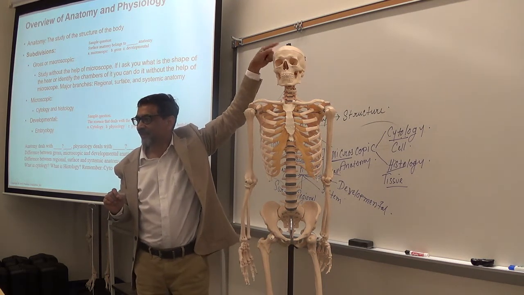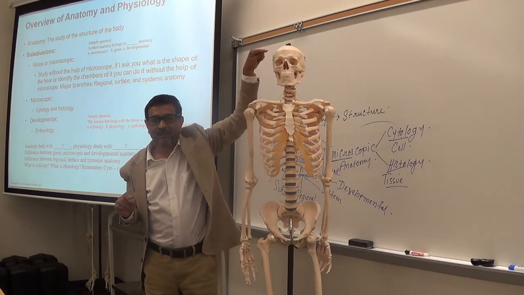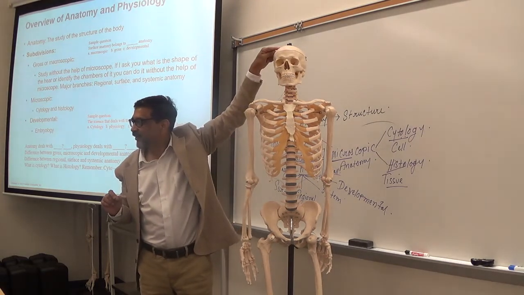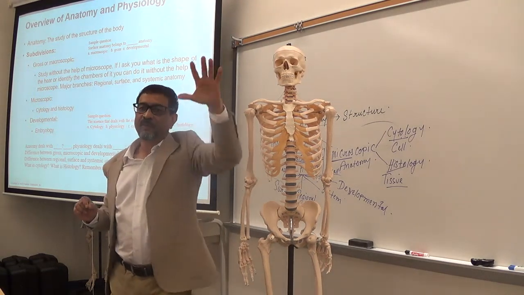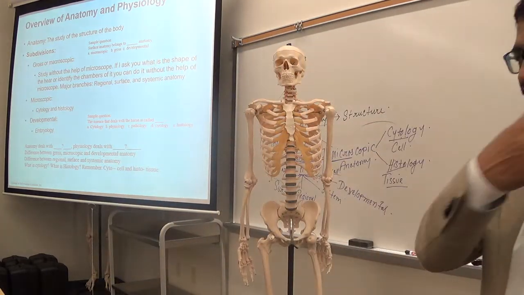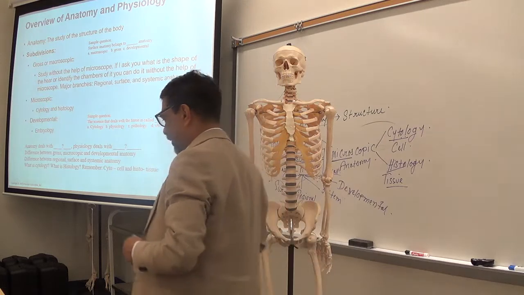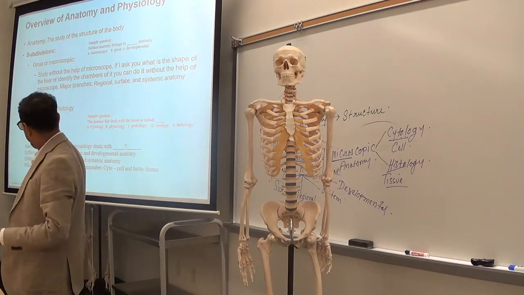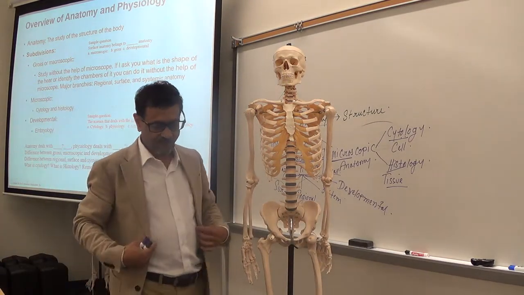Make sense? So they use those landmarks. Okay? So that is surface anatomy. Is it clear? You have some important landmarks on the outside of the body. Those help you to locate the structures.